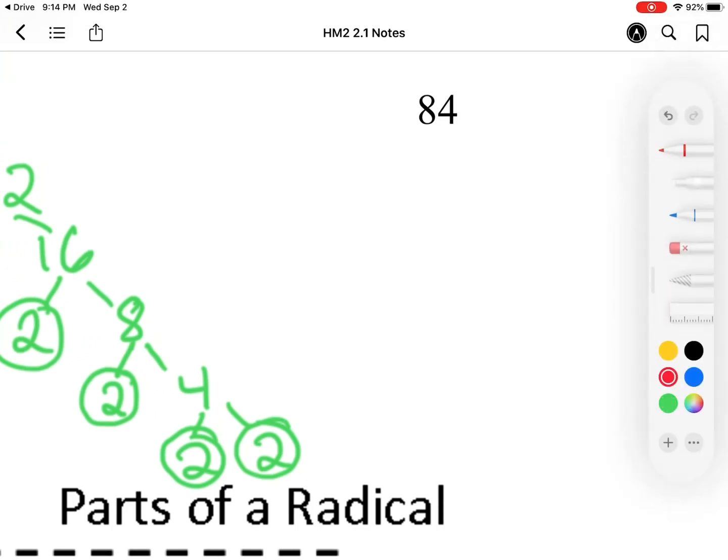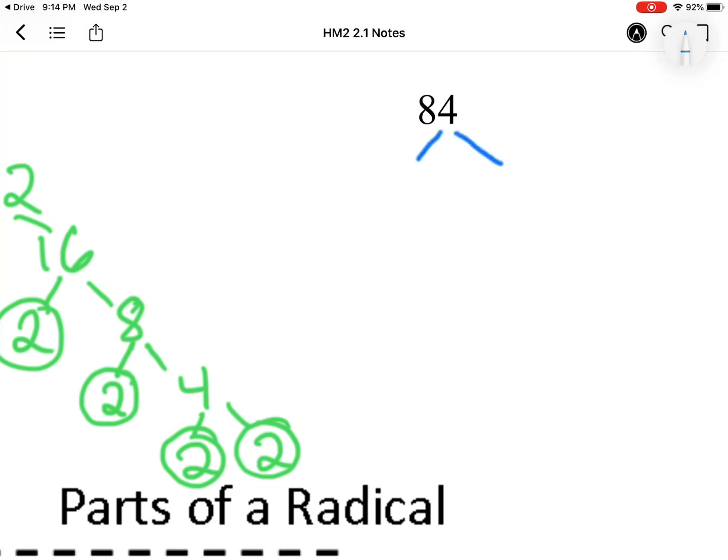What if we looked at 84? We're going to start with the smallest number that can go into it evenly, meaning if we took 84 divided by 2, we would get a whole number. We would get 42.